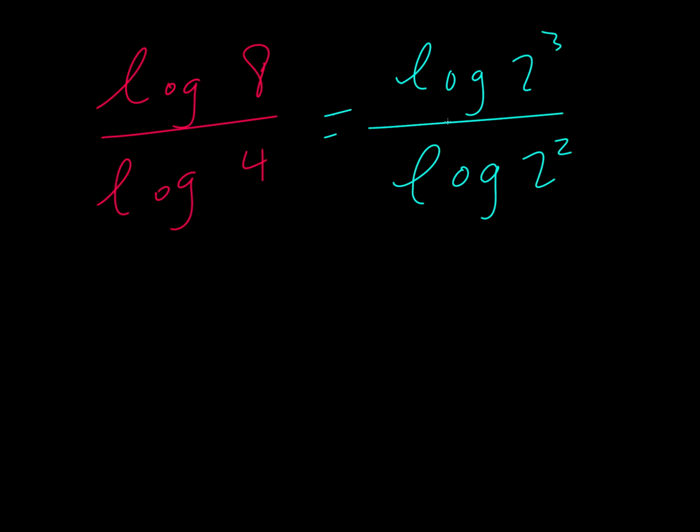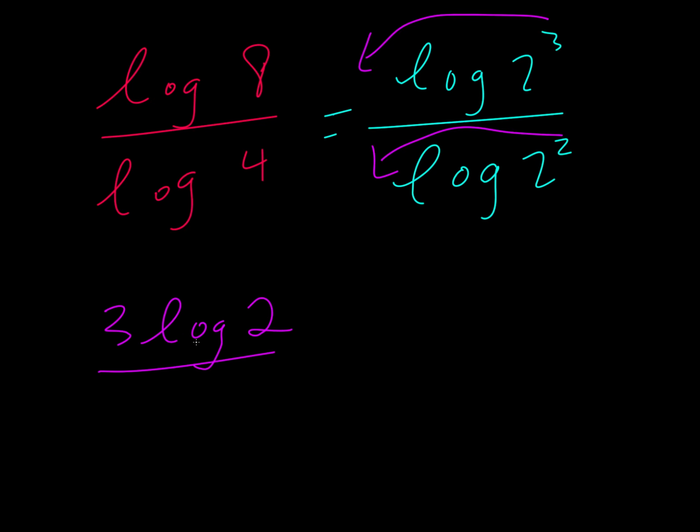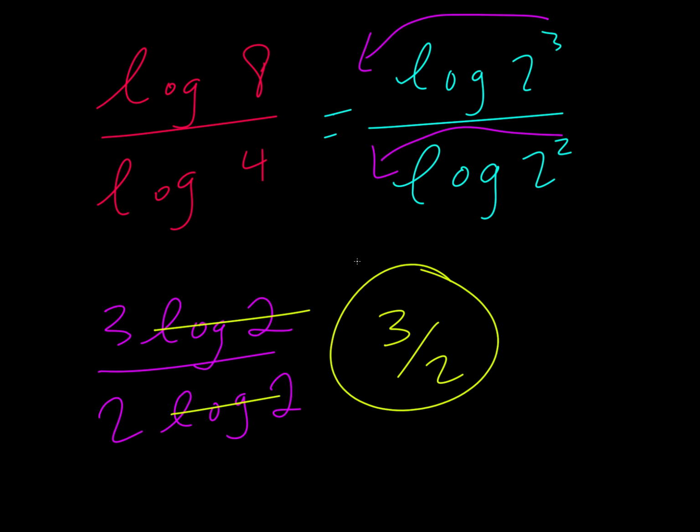And then we can take out those exponents, doing the reverse of what we've done on the last 2 problems. So we write that as 3 log 2 over 2 log 2. Well, since these are just multiplication, log 2 cancels log 2. And so the final answer is going to be 3 halves.